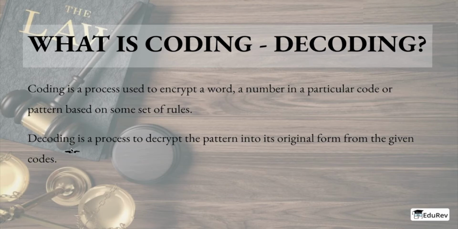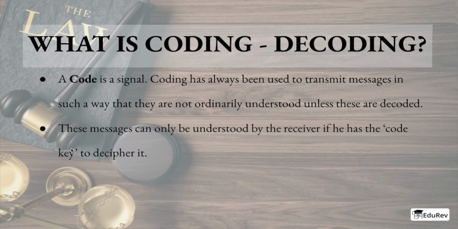Now, let's understand this a little bit more. What is a code? A code is a signal. That is, coding has always been used to transmit messages in such a way that they are not ordinarily understood unless we actually decode them. These messages can only be understood by the receiver if he has the code key to decipher it.